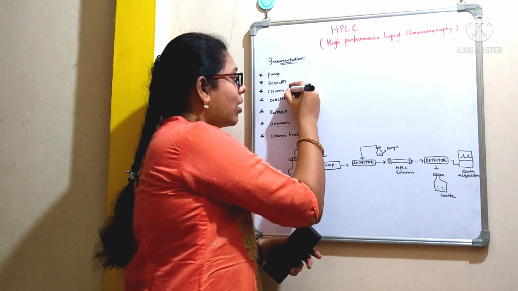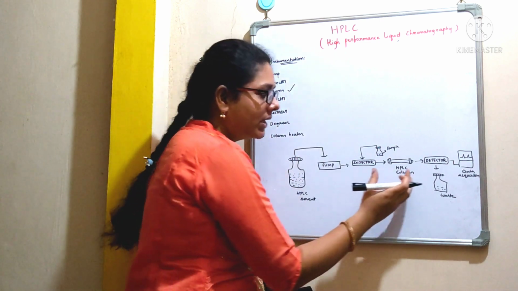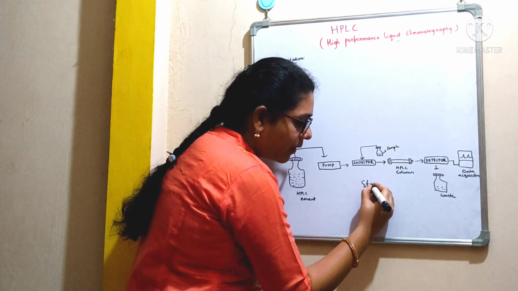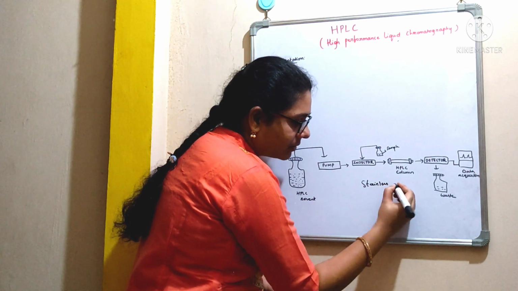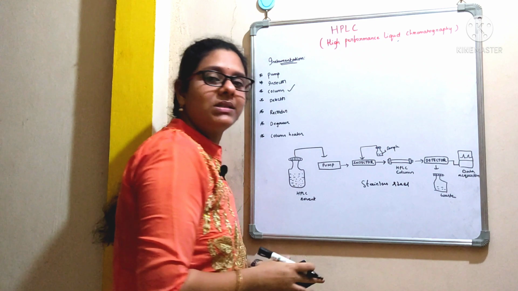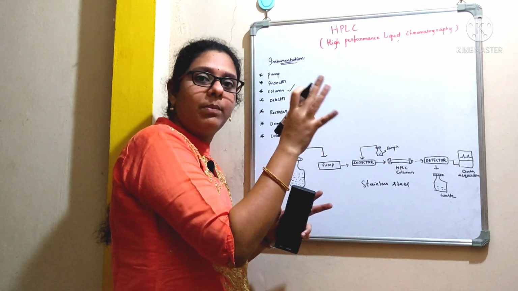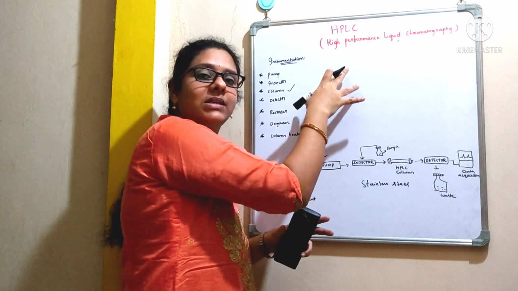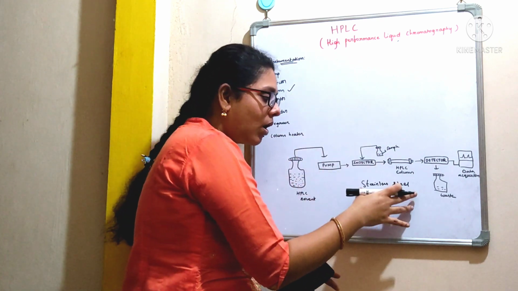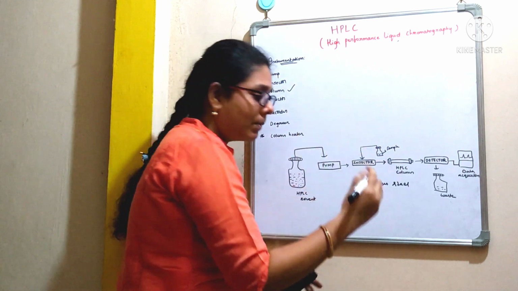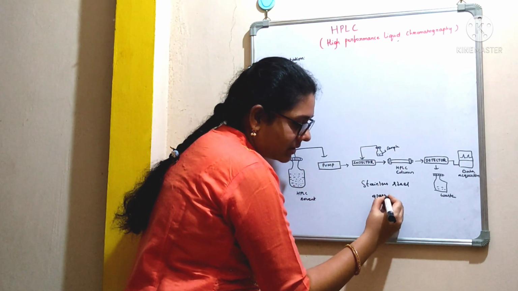Coming to the other important one, that is the column. Look here, this is the HPLC column. These columns are made up of stainless steel. Earlier when we discussed column chromatography, I mentioned that those columns are made up of glass. But in this HPLC technique, columns made up of stainless steel are used, not glass.